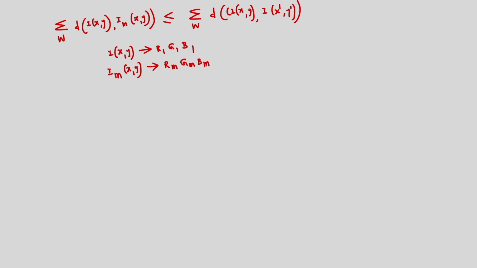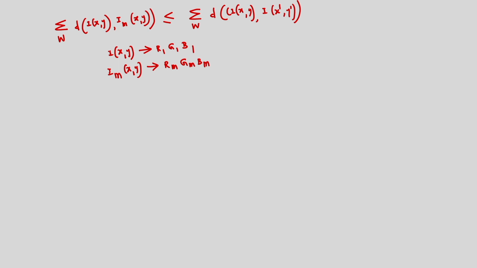In this case you can see I am considering one pixel, the pixel is Ixy, and corresponding to this pixel the RGB value is R1, G1, B1. And I am considering the vector median filter, so I am considering the median pixel. Corresponding to the median pixel Ixy, the red value, green value and the blue value will be Rm, Gm and Bm.